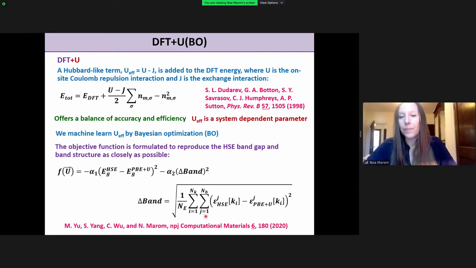And we sum over a chosen number of bands, and then we sum over all the K points in each band and normalize by the total number of energies we sample. So that's delta band. And alpha 1 and alpha 2 can give different weights to these two terms.